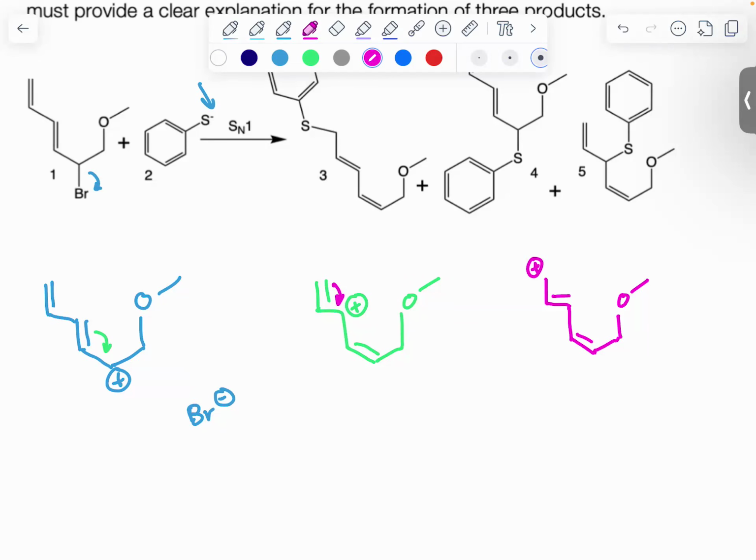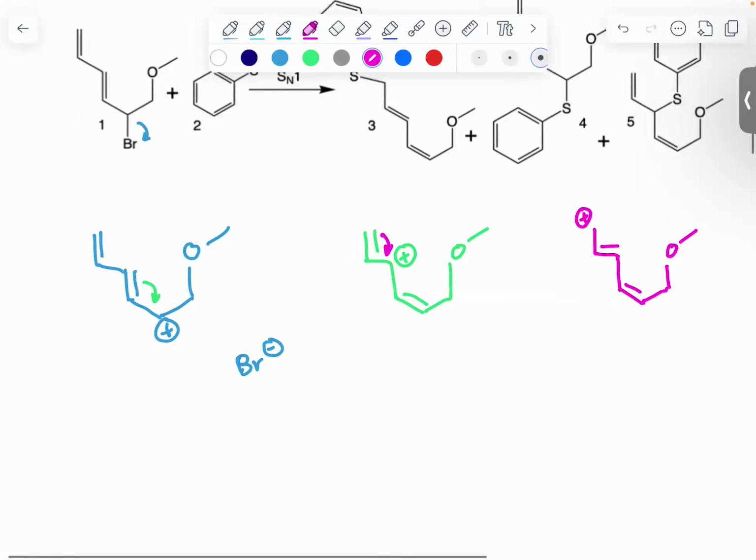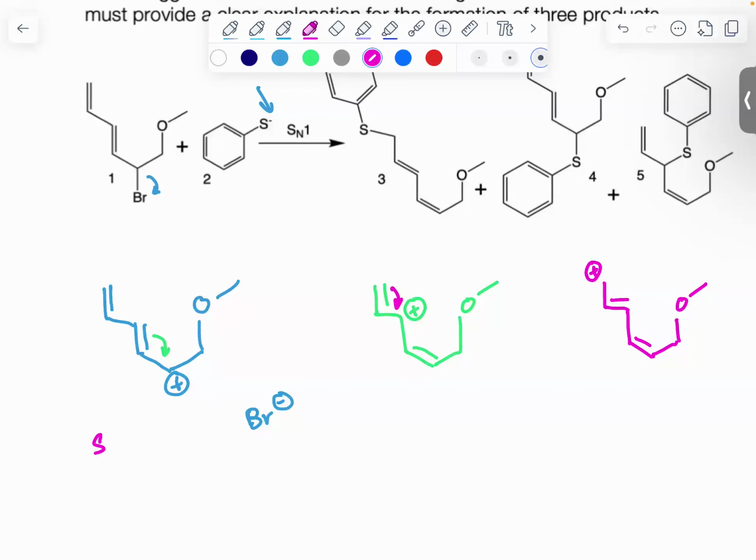Yeah, so now our sulfur can add. And that gives us structure number 4.